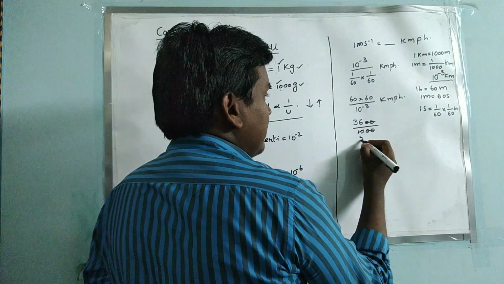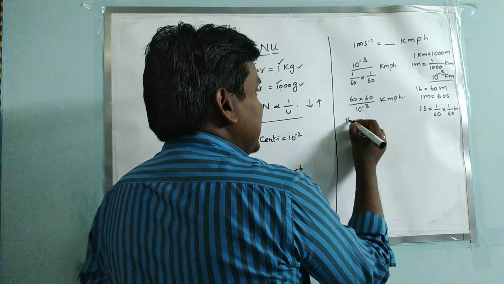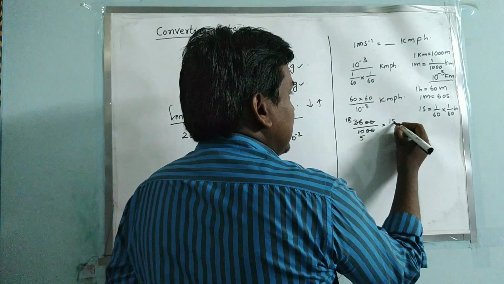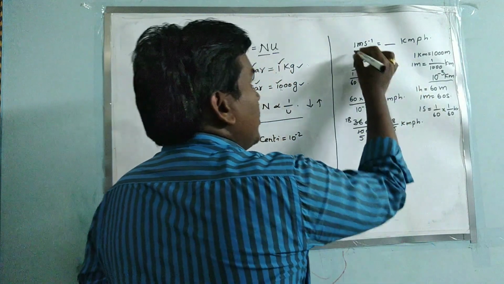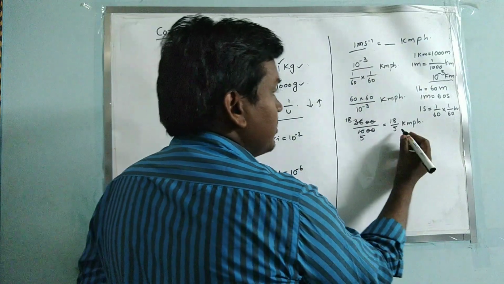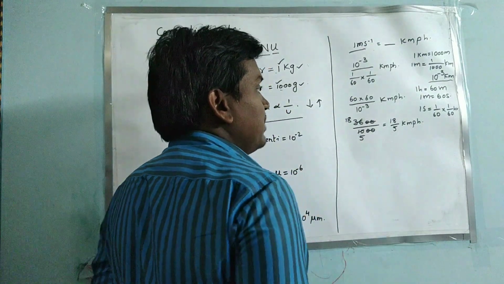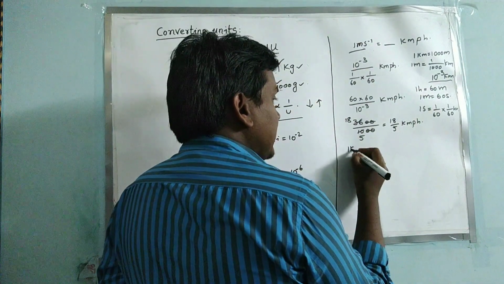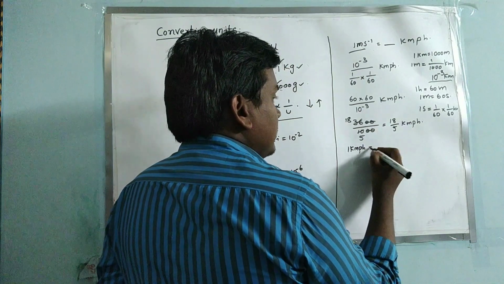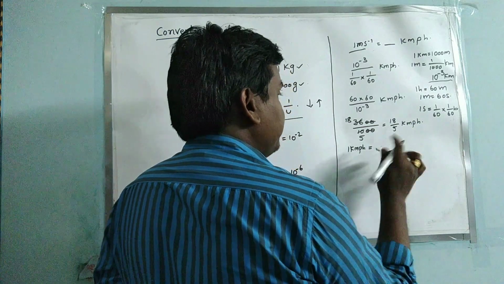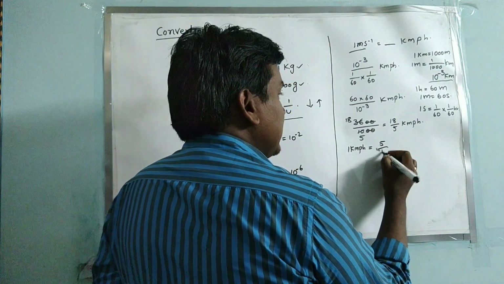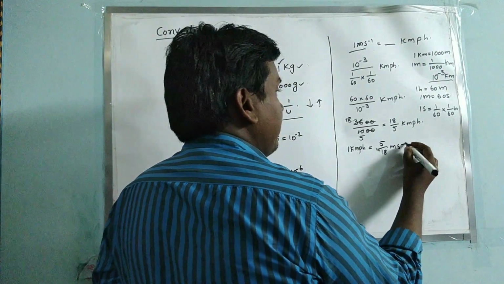In 1000, 2 goes 5 times, and in 3600, 2 goes 18 times. So 18 by 5 kilometer per hour. So 1 meter per second is equal to 18 by 5 kilometer per hour. Then 1 kilometer per hour is equal to how much meter per second? That is 5 by 18 meter per second.